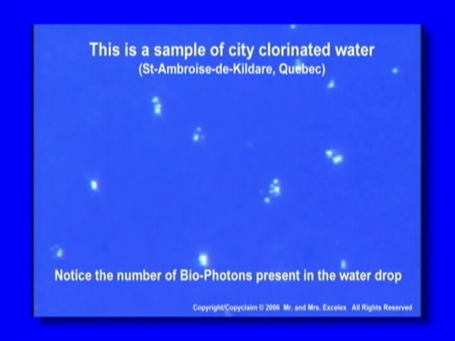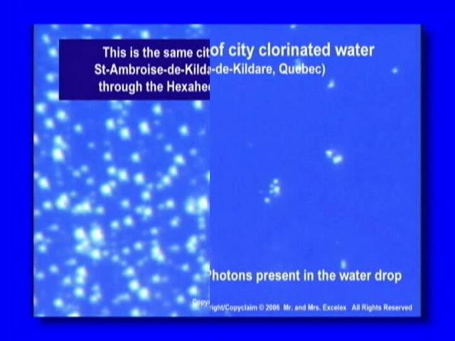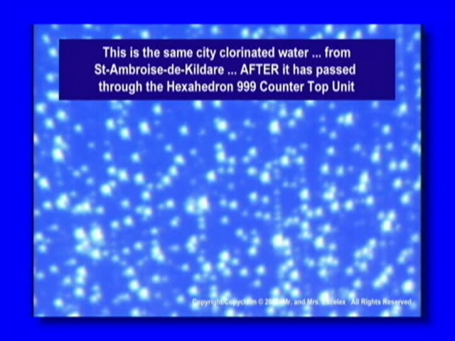This is a sample of city chlorinated water, taken from St. Ambrose du Kildare, Quebec. Notice the number of biophotons present in the water drop. This is the same city chlorinated water, taken from St. Ambrose du Kildare, after it has passed through the hexagon 999 countertop unit.